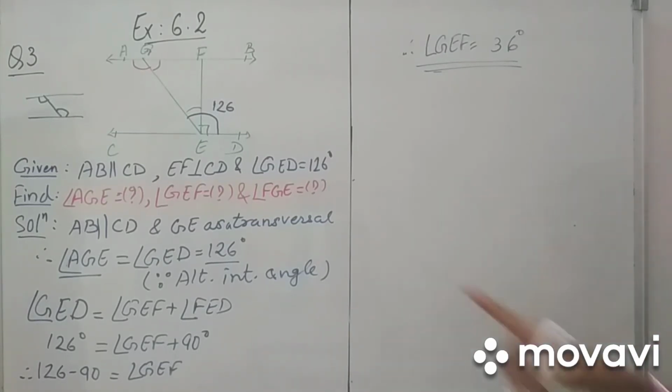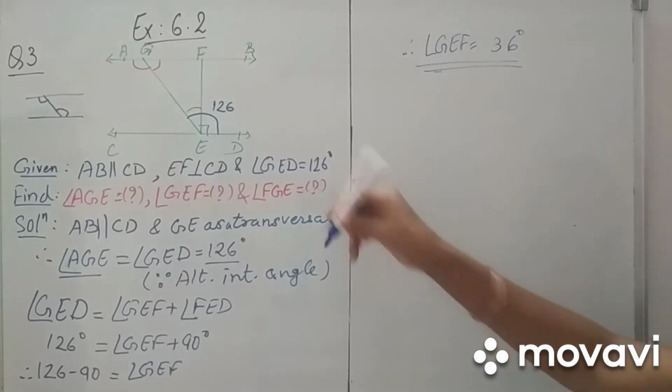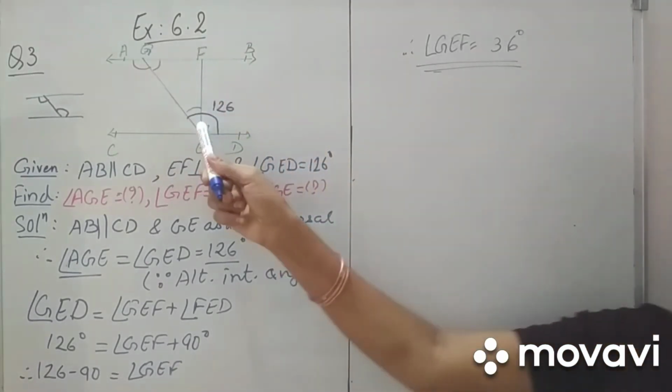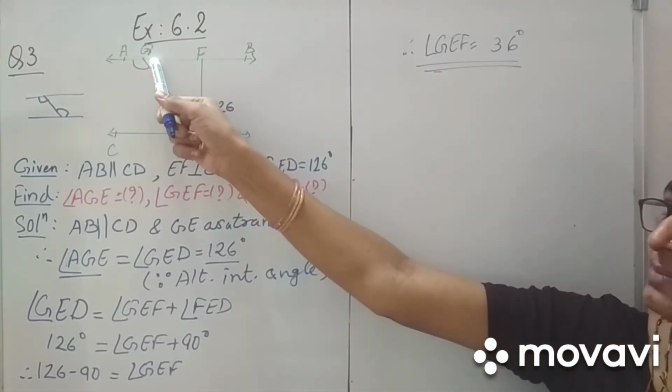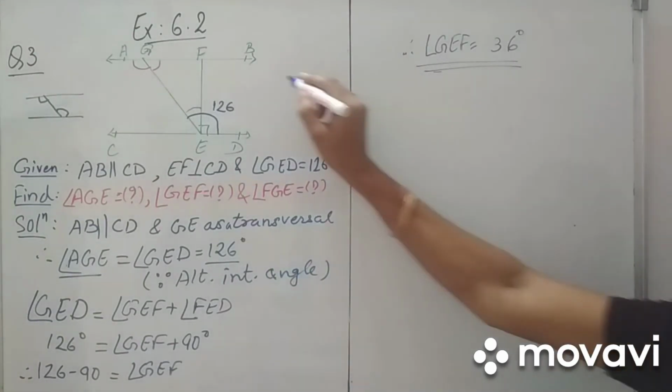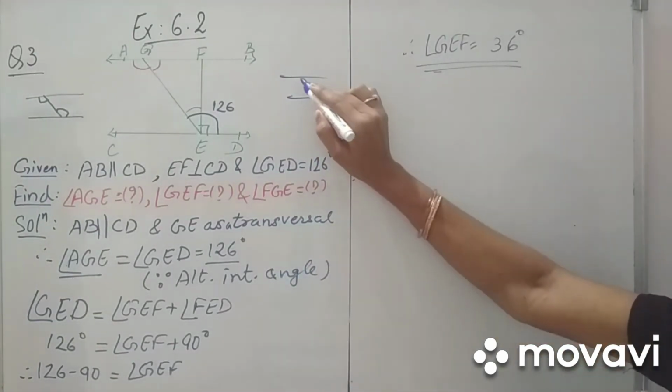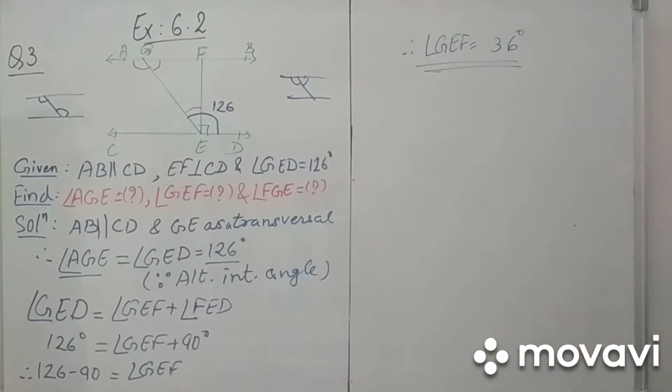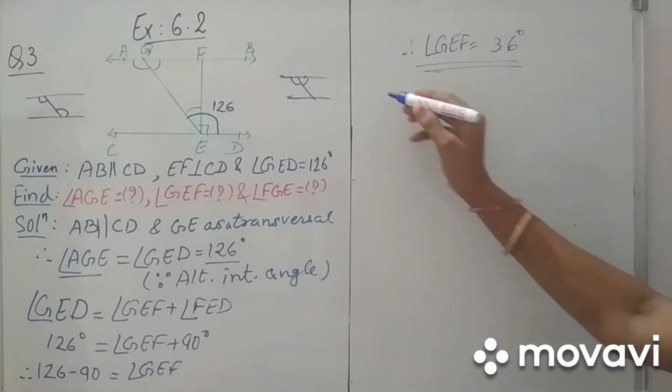Now only the third one is remaining. FGE. This angle is remaining now. So what can you say, like this parallel lines are there, this and this angle are there. Looking at this, they form a linear pair.